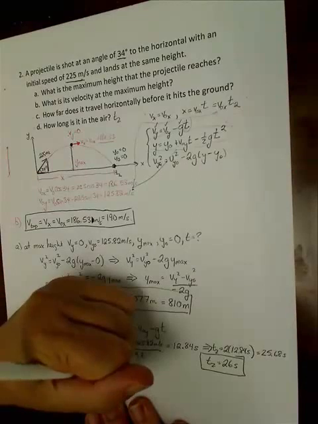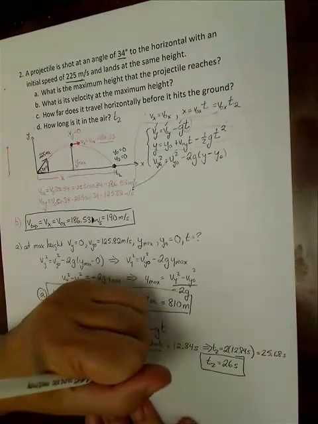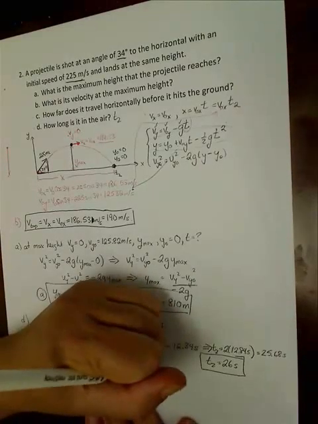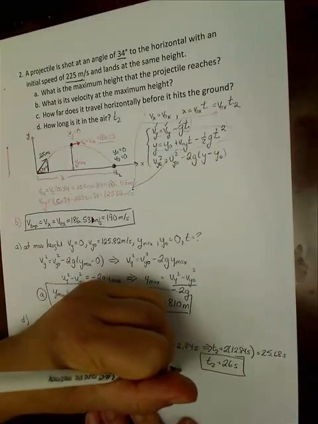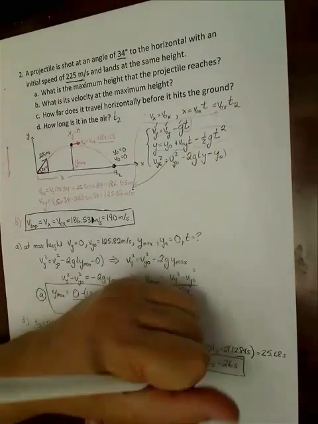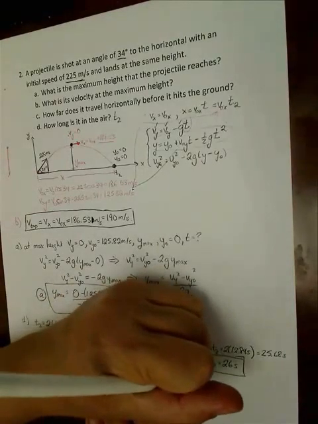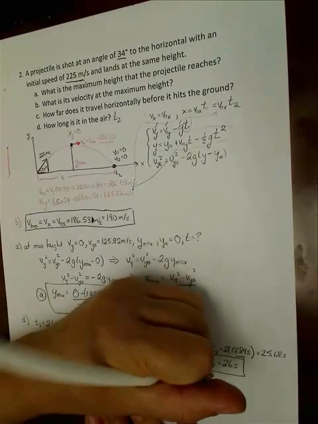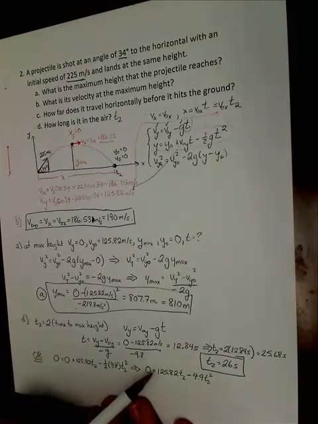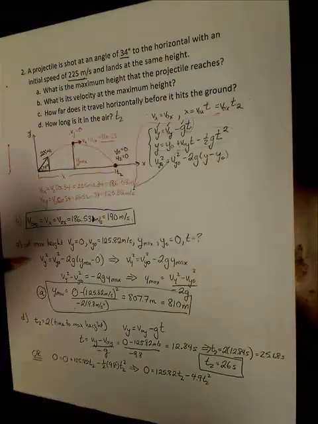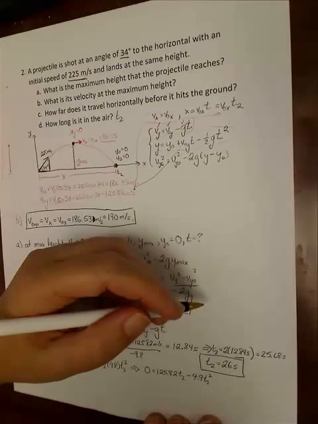Okay, so that gives me that 0 is equal to 125.82 times T2 minus 4.9 times T2 squared. Okay, so this is just a quadratic equation, and if you had the thing landing at a different height to where it took off, then you'd have another number in here that would be a constant equal to the height difference. Okay, so we need to solve this using the quadratic formula.